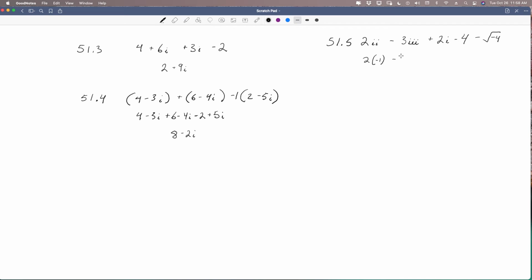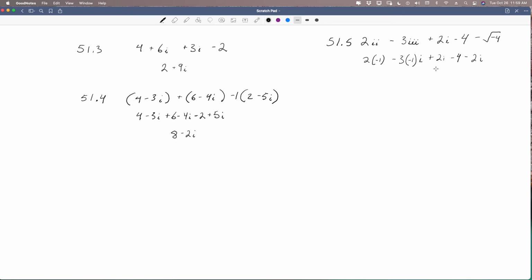So we have 3 i's here, so that means we've got a -1. We can get rid of 2 of them and have 1 left, right? Plus 2i minus 4 minus, and we have the square root of -4, which would be the square root of 4 times the square root of -1. The square root of 4 is 2, and then we have the square root of -1, which is i.